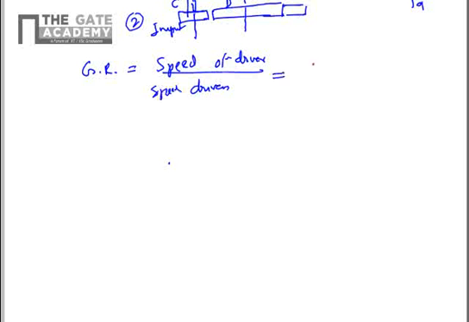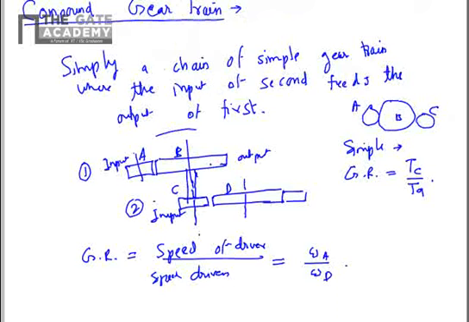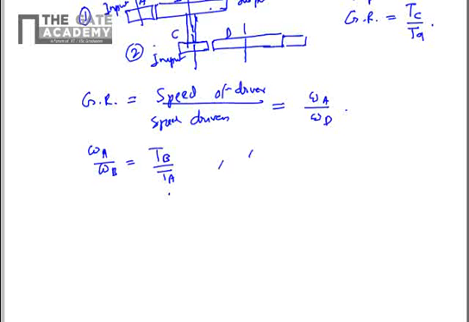So in this case, it will be omega A by omega D. Now you know that omega A by omega B will be equal to TB by TA, the number of teeth, and similarly omega C by omega D will be equal to TD by TC.